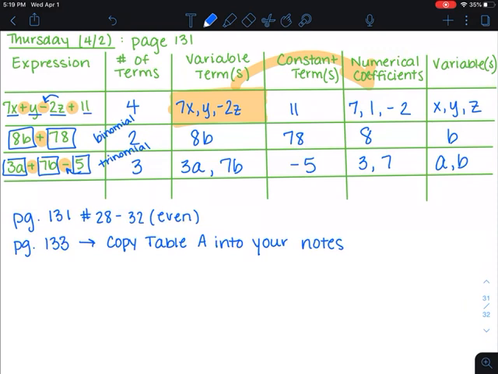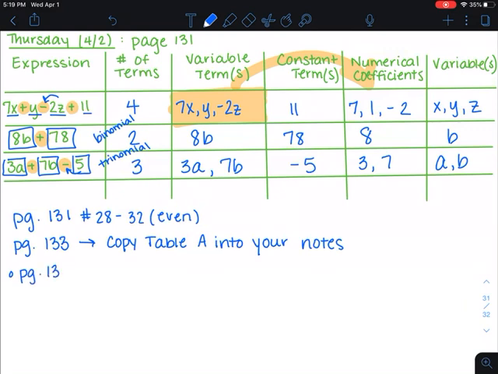If I say times, product, double, twice, triple, all of those will refer to multiplication. And if I say ratio, quotient, divided by, half, or per, that refers to division. So make sure table A is written into your notes, please.